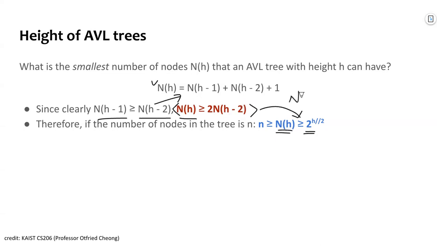Okay, so if you solve this one, you can get this equation. And we know that N_0 is 1. So using these two facts, you can come to this conclusion, which implies we take log on both sides, then log n is larger than h divided by 2.